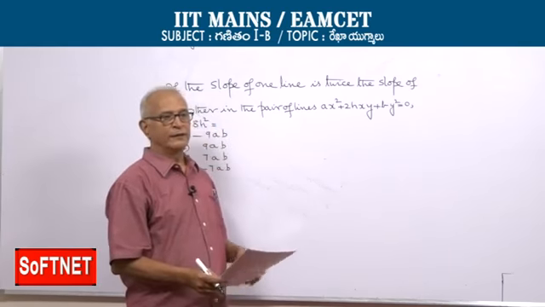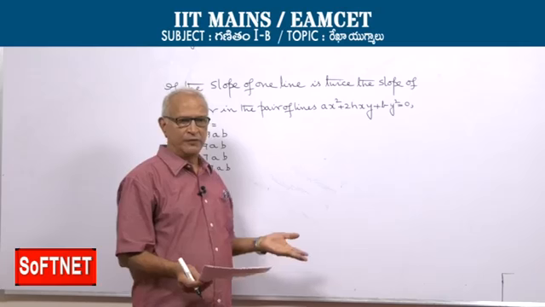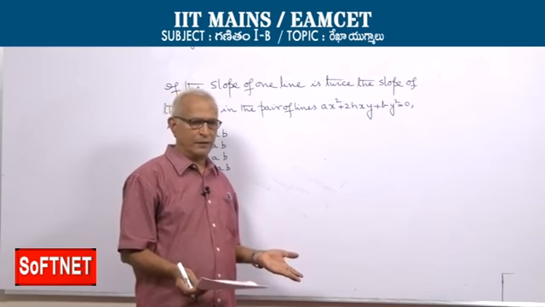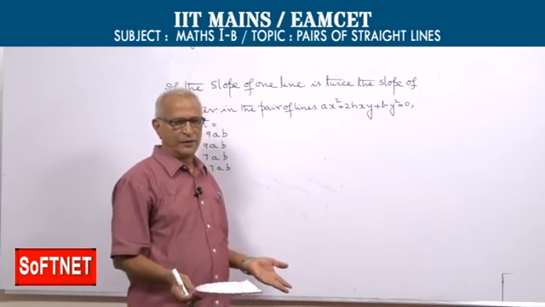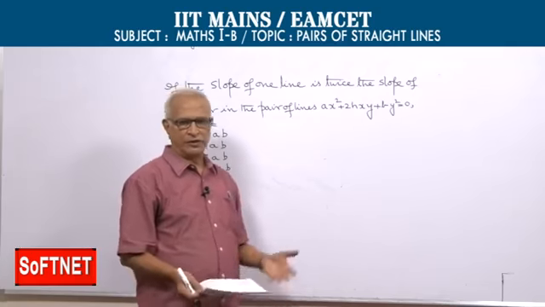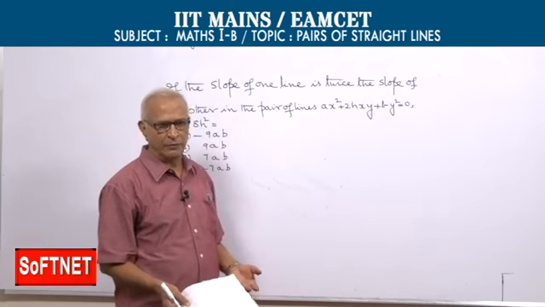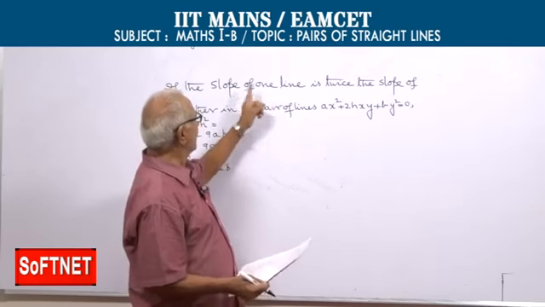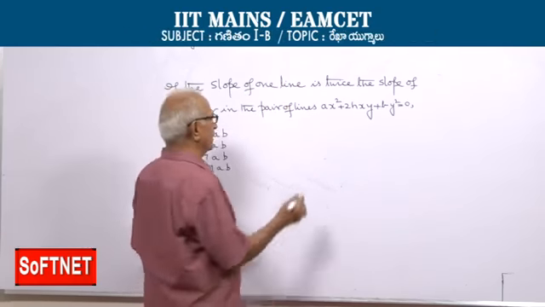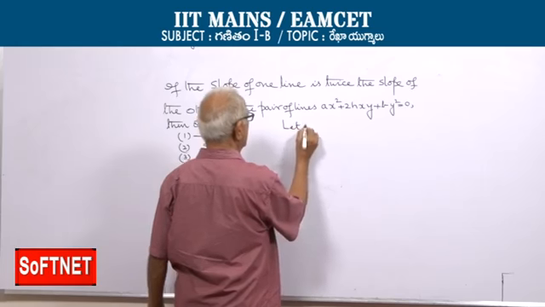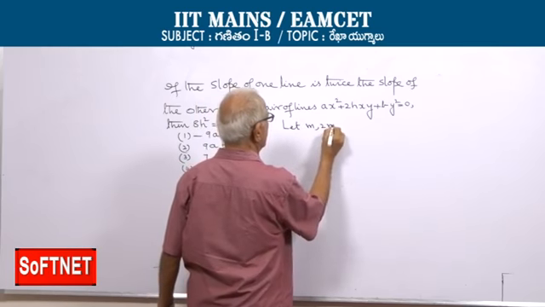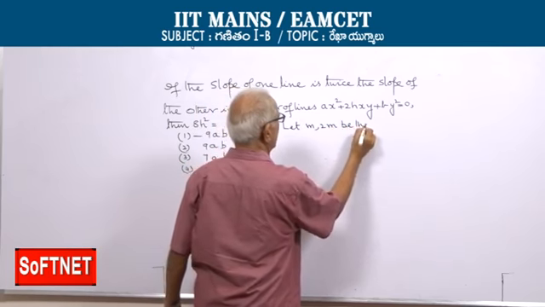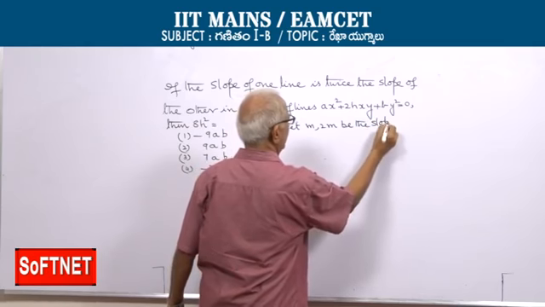So once again, this is a problem on the relation between the slopes of the lines represented by the equation. Sum of the slopes is minus 2h by b and product of the slopes is a by b. So slope of one line is twice the slope of the other. Let the slopes be m and 2m.